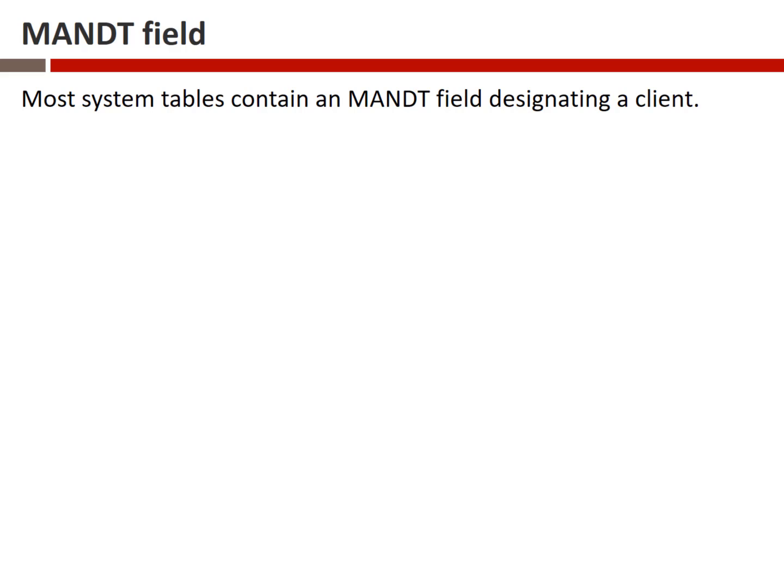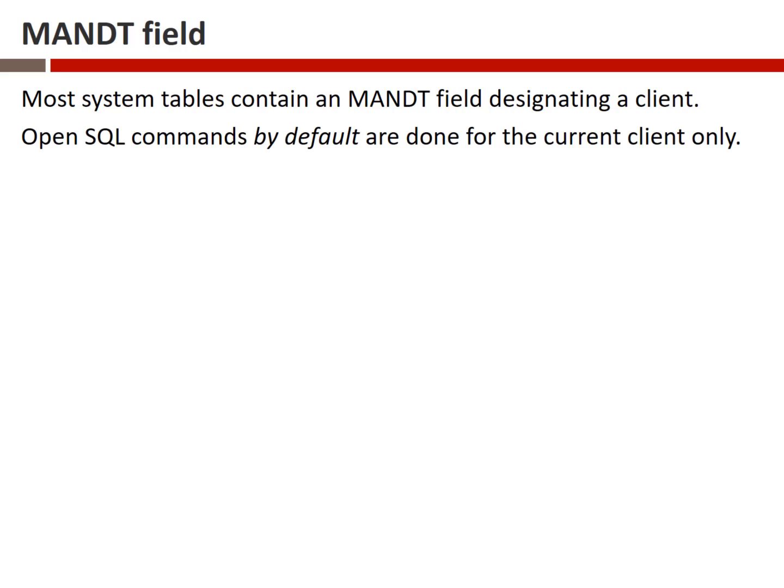Well, when we do a query against that table, the system, by default, will only pull back data where MANDT is equal to our client number. So what I'm saying is that every time we write a query, the system behind the scenes automatically appends a where clause to it.